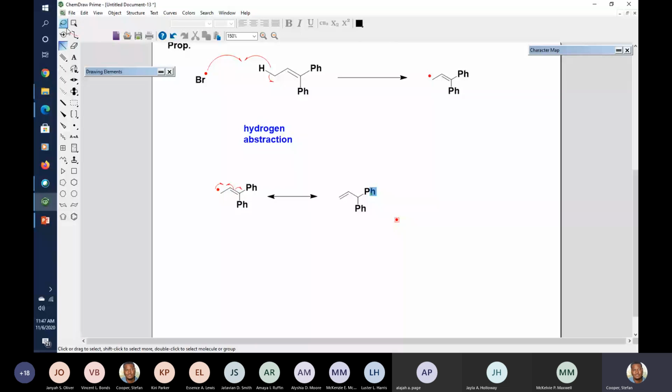Now atom 3 is going to have the radical, and atoms 1 and 2 will have that double bond. So this is a resonance, but we like to call this the allylic shift.